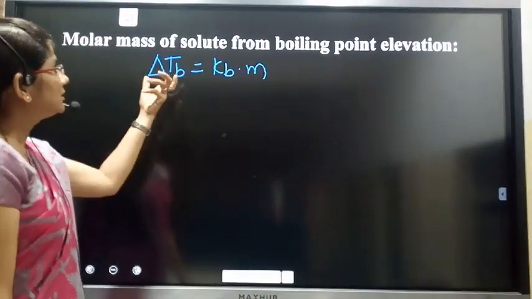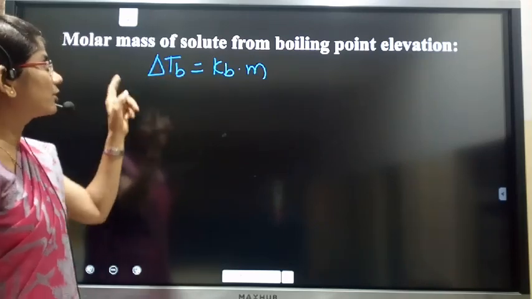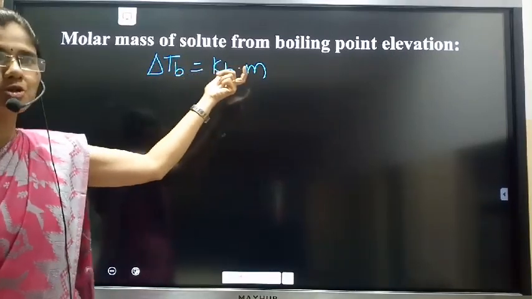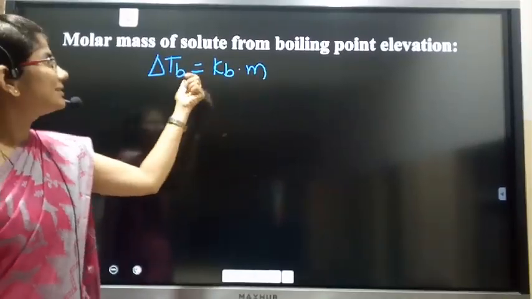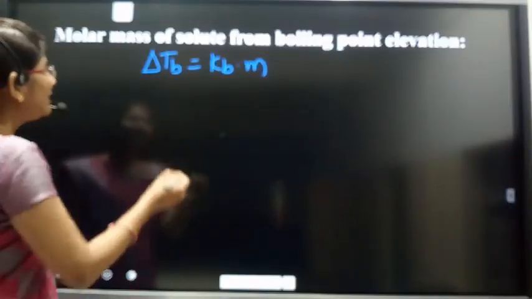We started with this, that means from the thermodynamic consideration for a very dilute solution, the elevation in boiling point is directly proportional to the molality and is equal to Kb into m. But what is meant by molality?